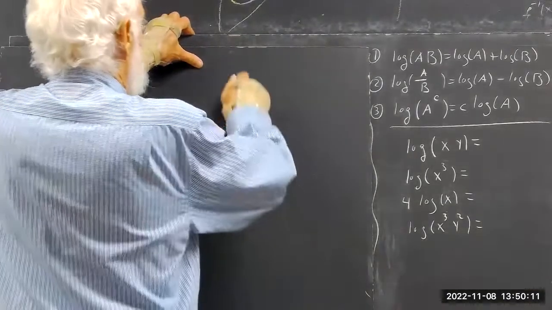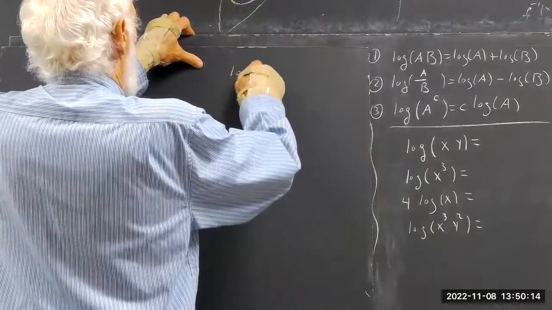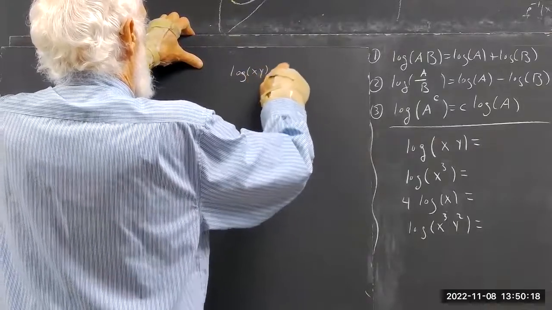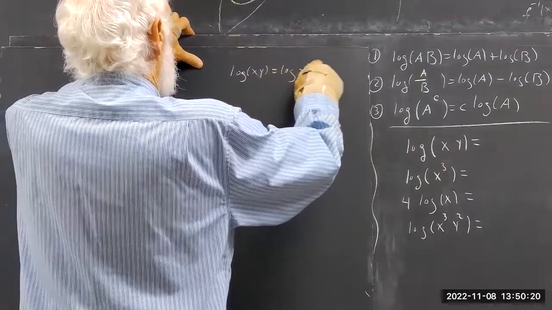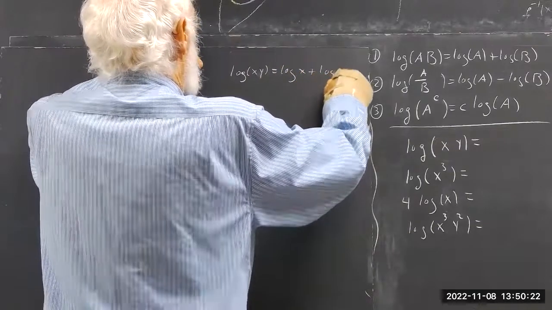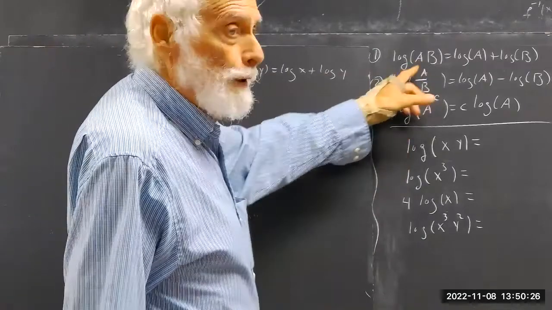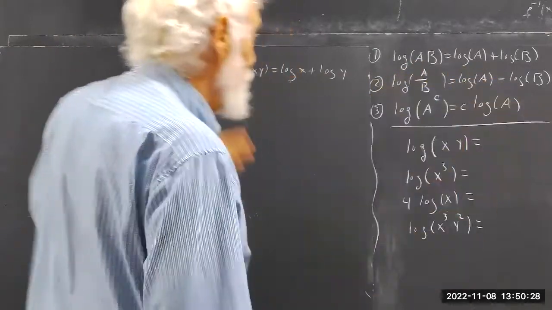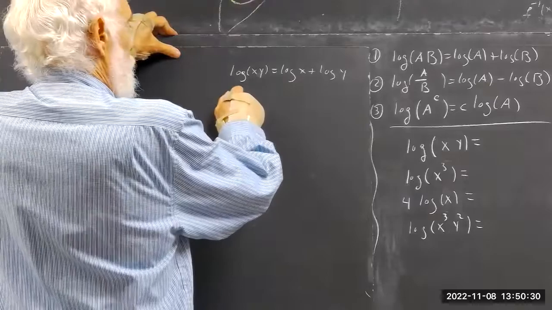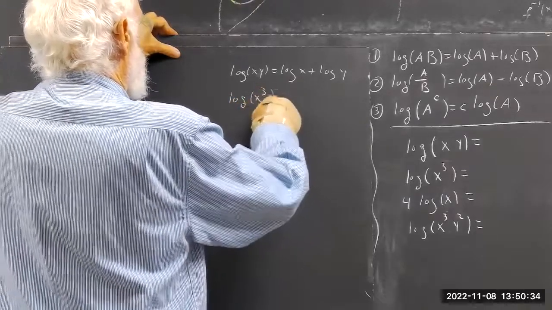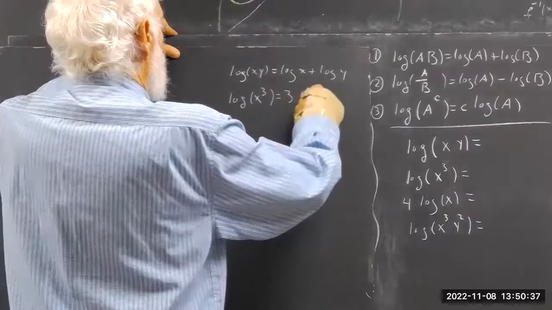So just real quickly. Log of xy is log x plus log y, because instead of a, b, you've got x, y, and you got the plus. Everybody saw that. And the log of x cubed is 3 log of x.